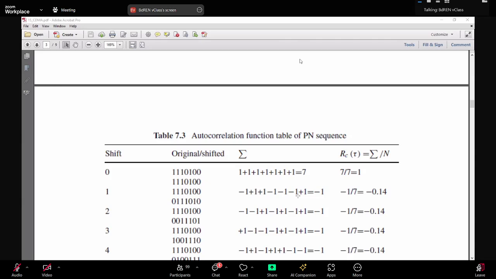Instead of 0, you're using -1, so you can cancel 1 and -1. Now you see that there are 7 bits, but 6 of them get cancelled because 3 are +1, 3 are -1. So you're just left with one of them. That is the minimum possible. On average, you have, say, 0.14.